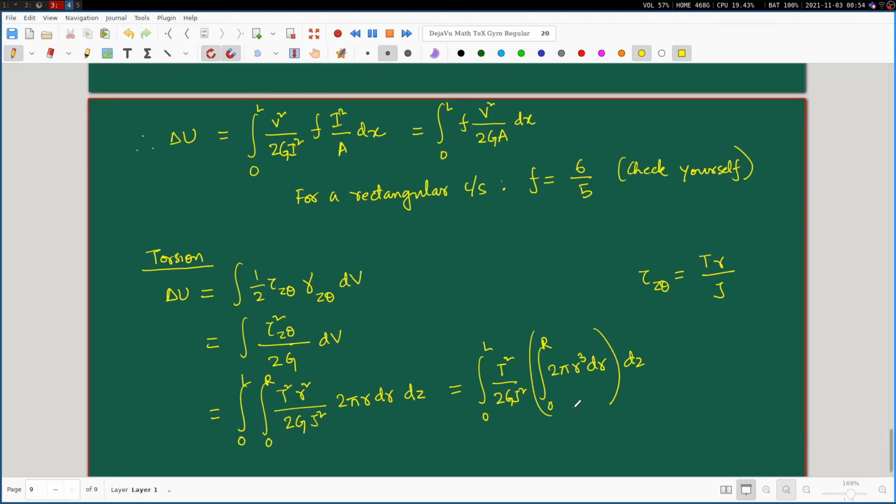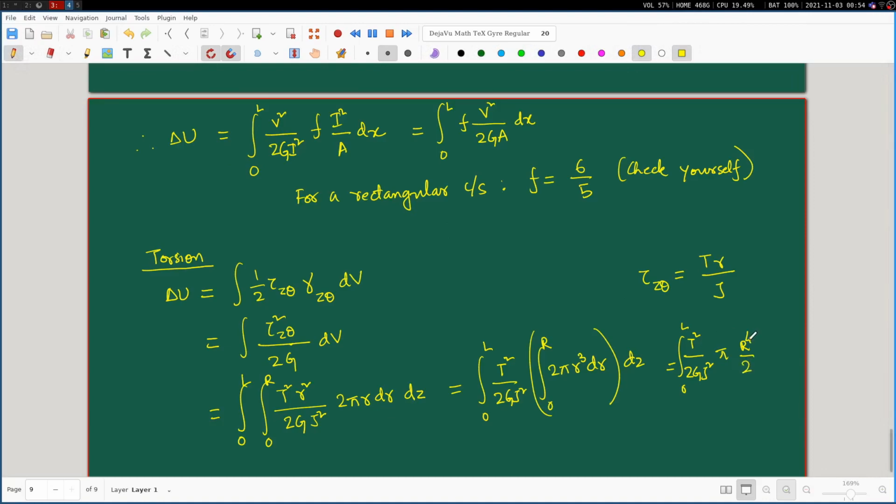So this thing becomes integral 0 to L of T square by twice G J square, and then we have twice pi, this is r to the power 4 divided by 4. So all in all, what we'll be left with is pi r to the power 4 divided by 2.